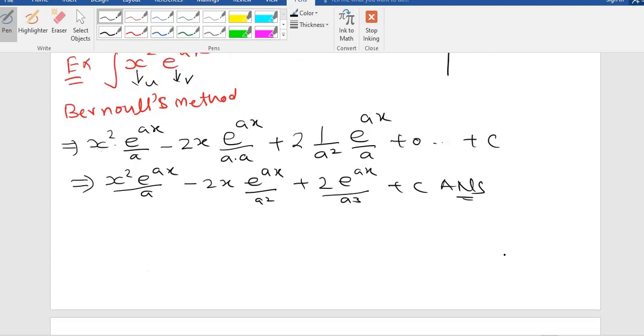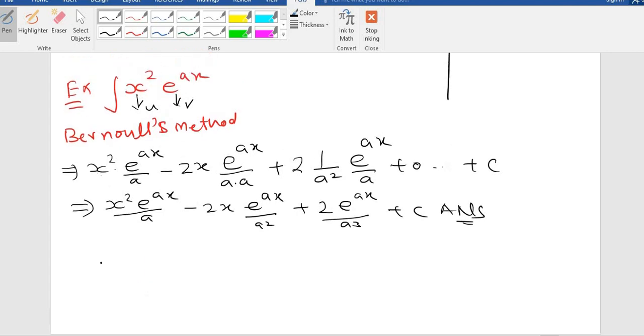Now if you want to write this one by the tabular method, what you have to do is write method 2, tabular method, x square e power ax.